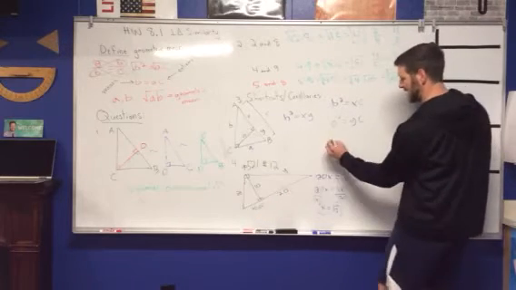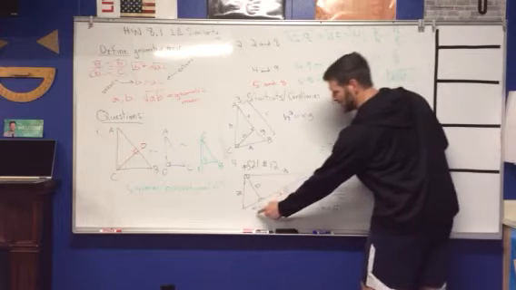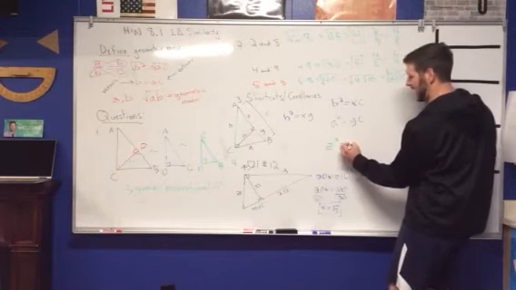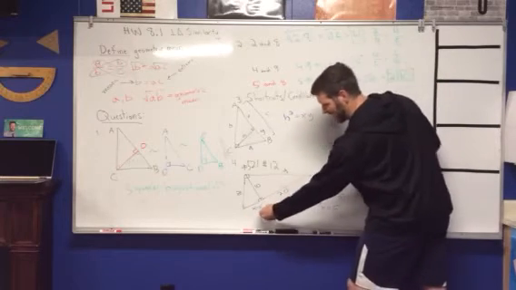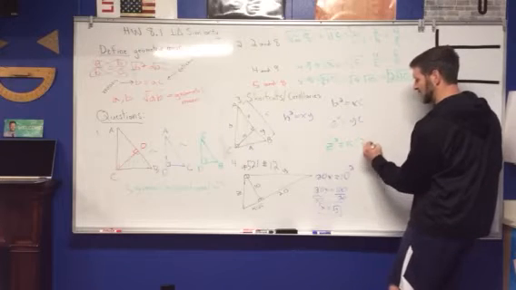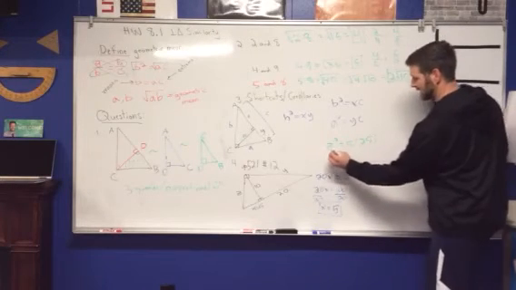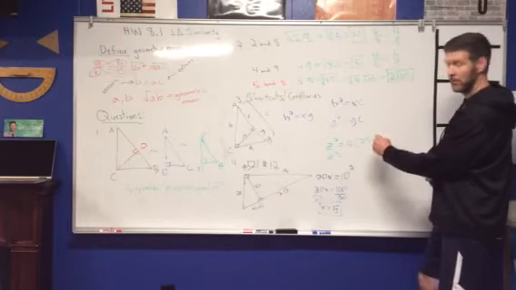So I can again say that z squared is equal to its short corresponding side, 5, times the entire side together. So that means 5 plus 20. So 5 times 25. So that gives us z squared equals 125.